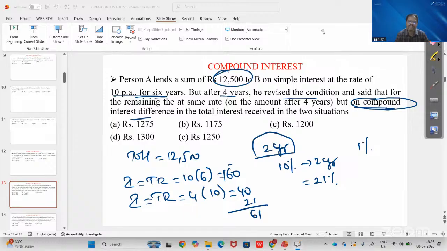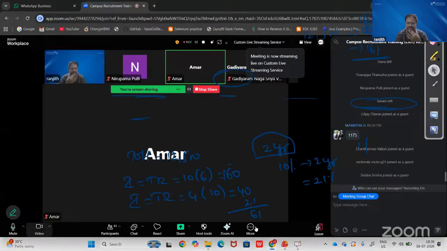So 12,500 at 160. Normally he has to get 160, here I am getting 161. So the difference equals 125. One second, where am I getting wrong?